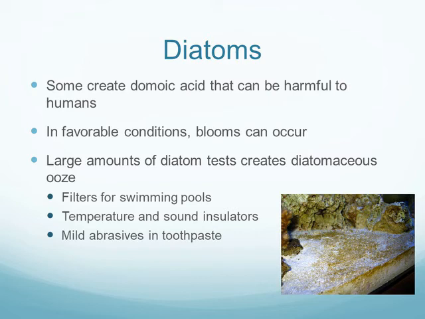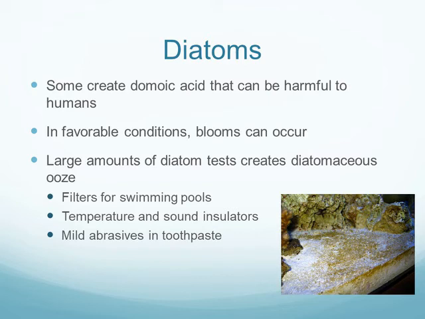And when you have large amounts of diatom tests, or their shells, that fall to the bottom of the ocean, they create what's known as a diatomaceous ooze and or siliceous ooze.